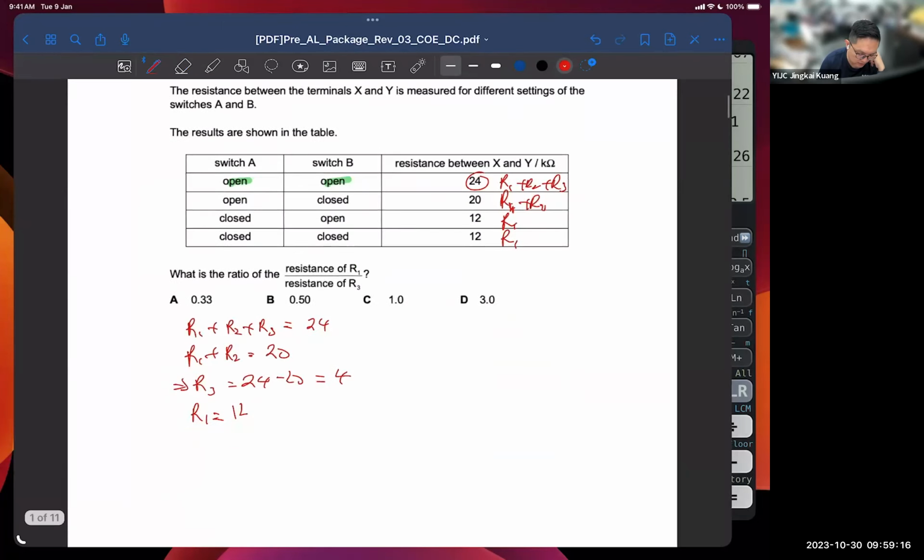So R2 must be equal to 20 minus 12, so you have 8. You're supposed to find R1 over R3. R1 over R3 is 12 over 4, so we have 3.